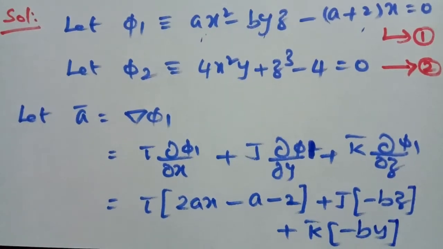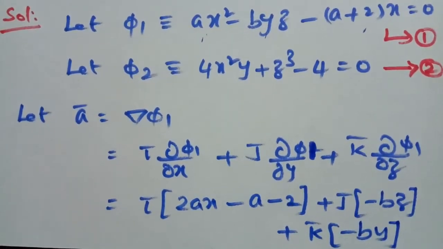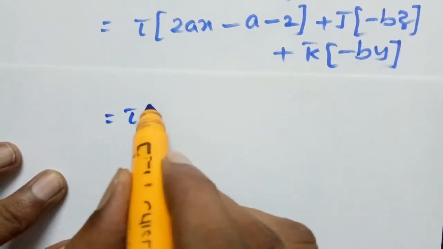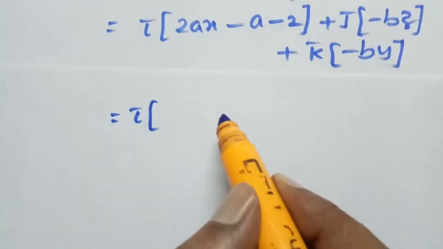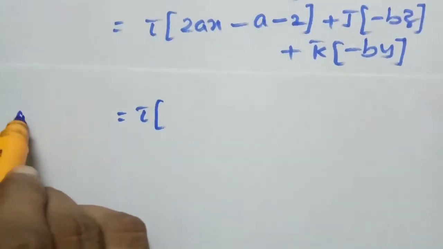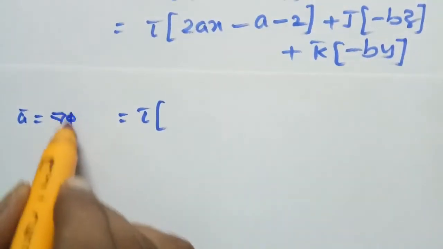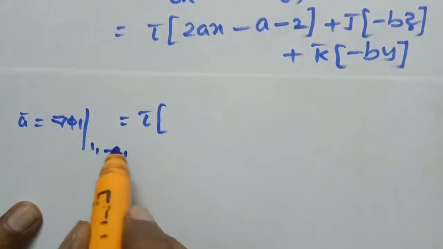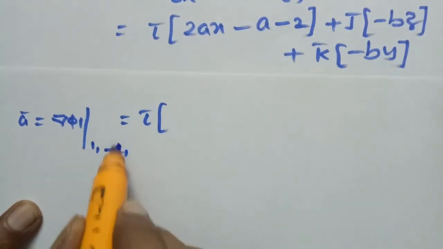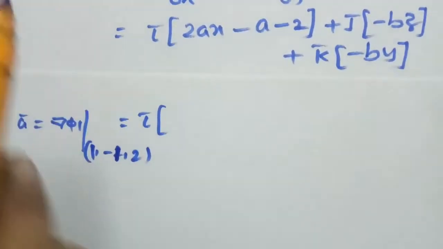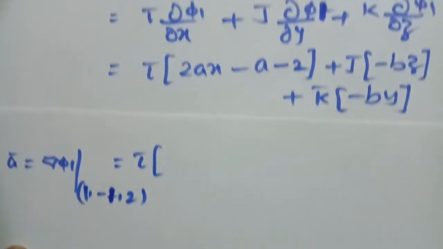Now we have to calculate this at the point 1 comma minus 1 comma 2. a bar is equal to del phi 1 at the point 1 comma minus 1 comma 2. This is the point given in the problem.